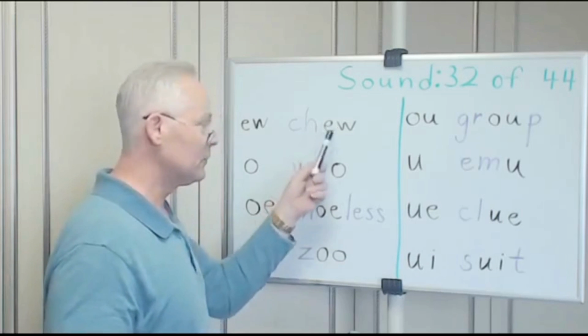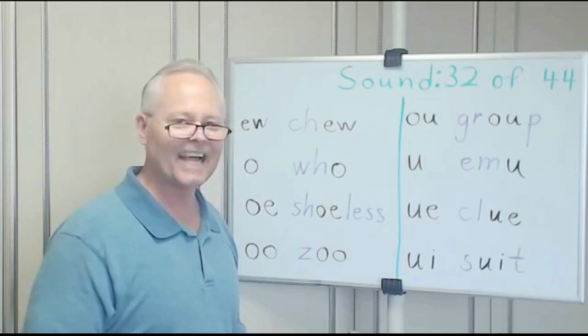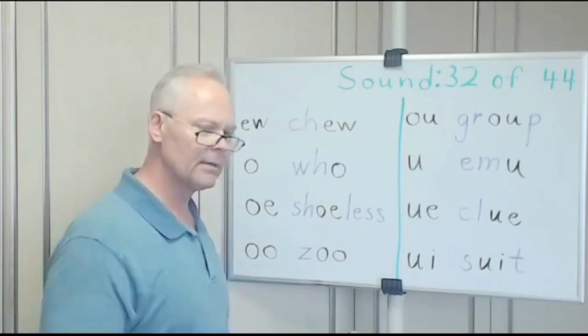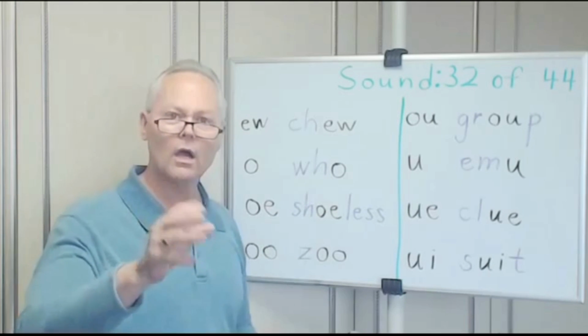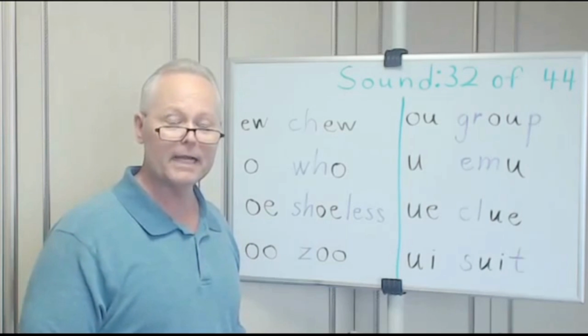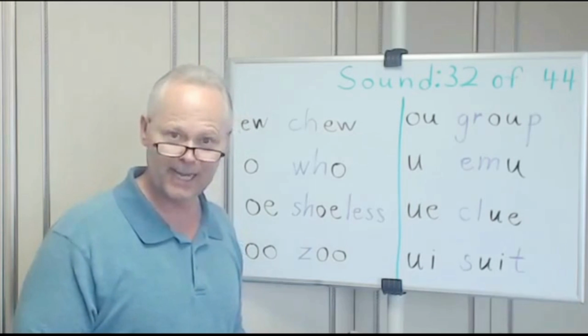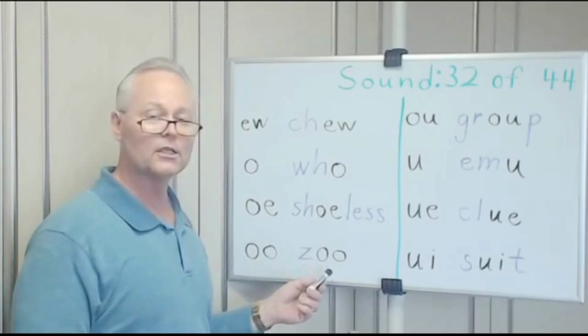Okay? Chew? Perhaps you like gum and you like chewing on gum. Some people think that's a bad habit. And who are you? If people don't know your name, they might ask, who are you? What is your name? How about OO in the word zoo?